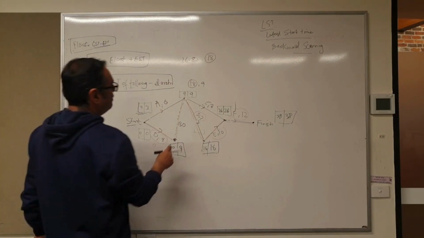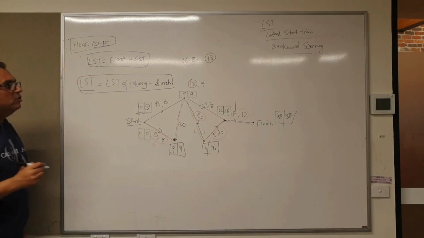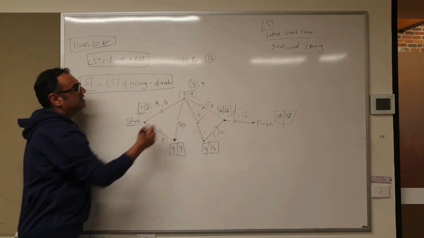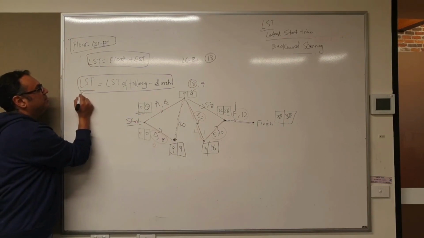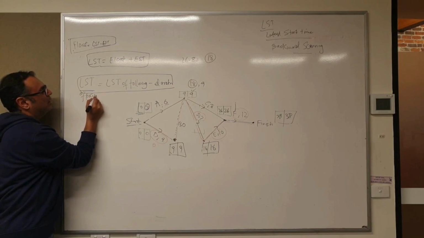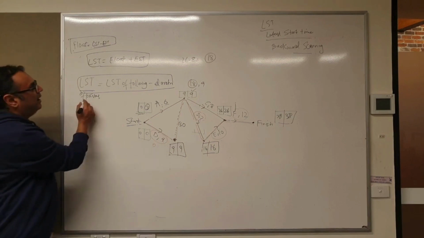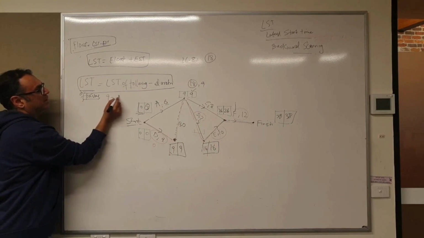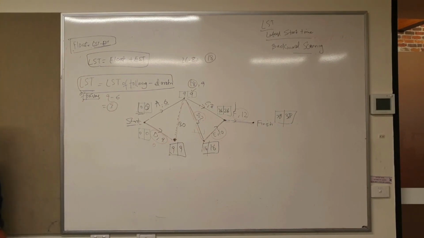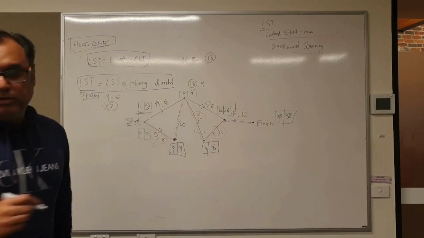If I have to find the LST of A, which is this number, I need the LST here and the duration of A. The LST of the following activity, 9, and the duration, which is 6, so 9 minus 6 gives me 3. All good? Make sense? Alright, let's do a solved example.